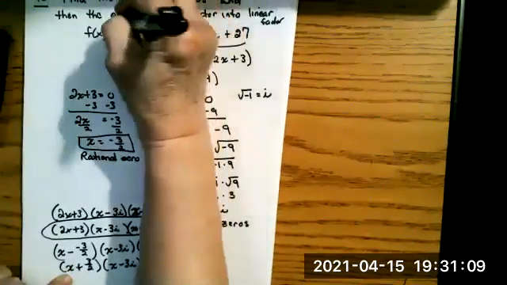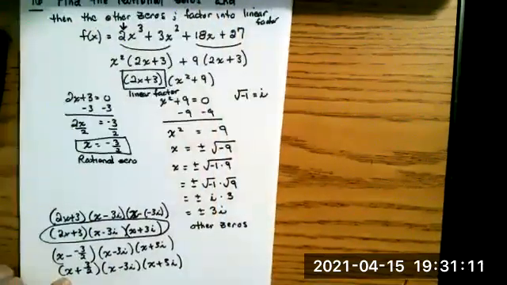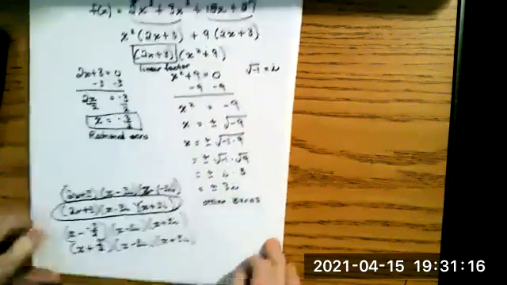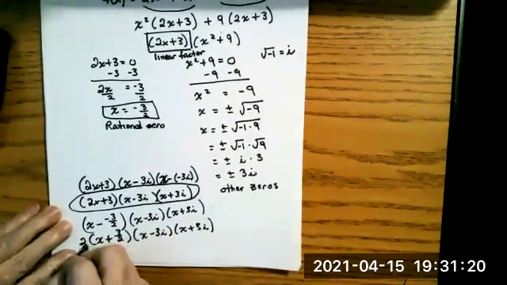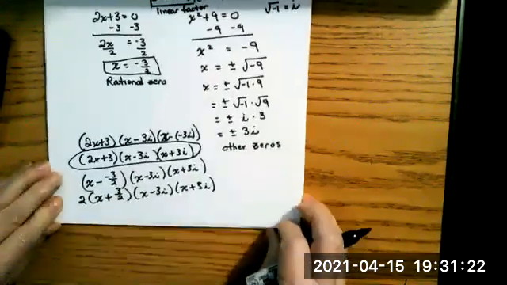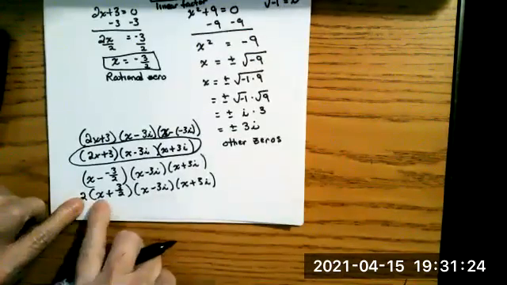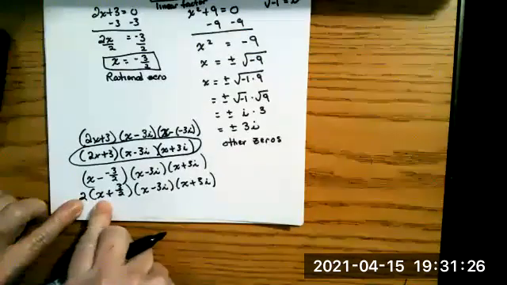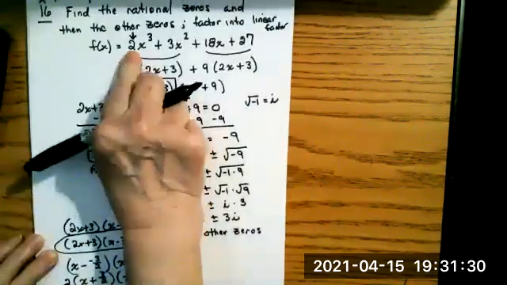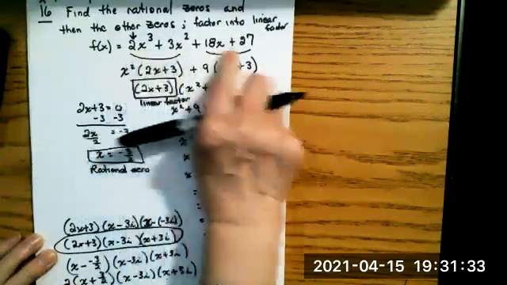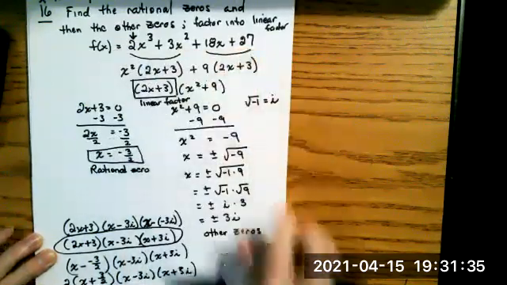But I need the 2 to go in front to make my original problem. So what I have to do if I put it in this form is to put my 2 out here in the front. And then when I multiply this, do you see I get the 2x plus 3? And I still have preserved my 2 that's in my original problem.